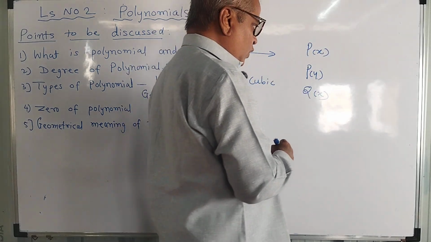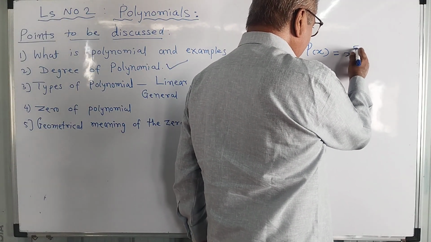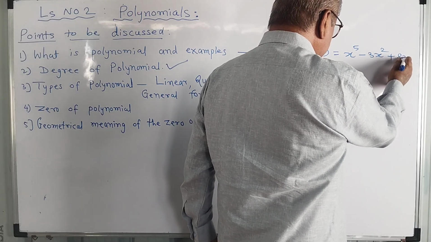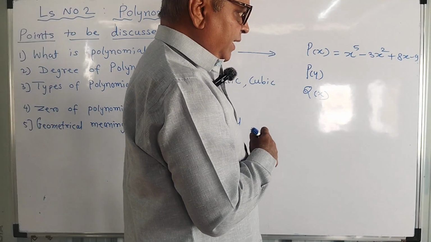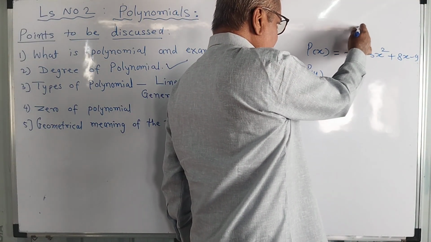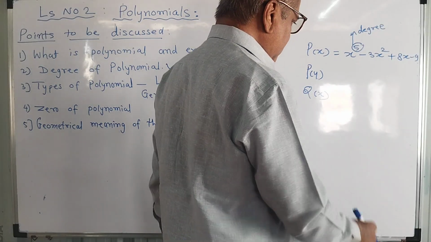Suppose any polynomial p of x is equal to x raised to 5 minus 3x square plus 8x minus 9. Then the highest power of the variable is 5. Therefore, 5 is the degree of this polynomial.